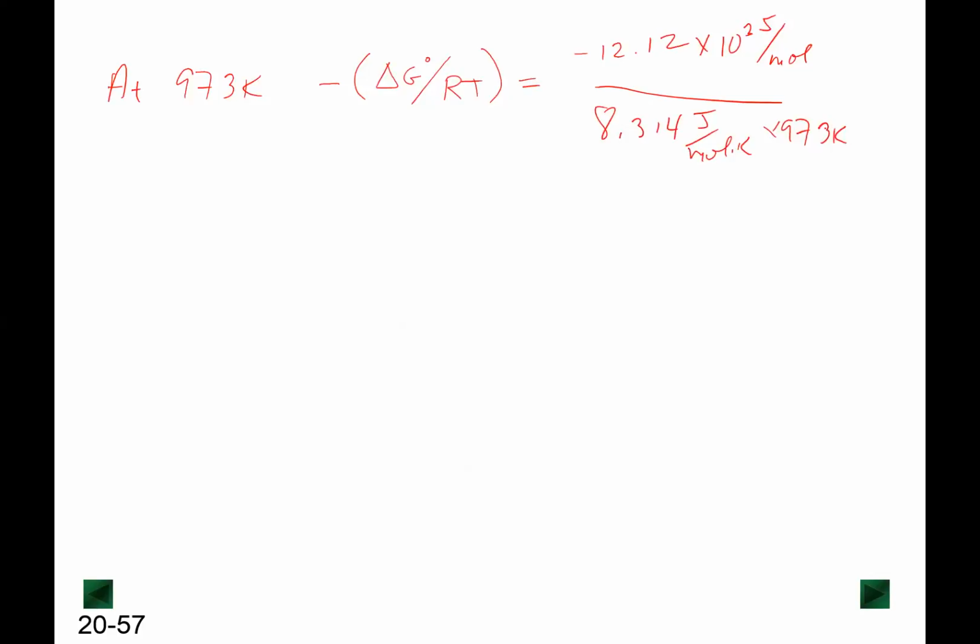If we carry out this calculation, we get 1.50. And so our equilibrium constant at 973 is equal to E to the 1.5, which will then be equal to 4.5. So we have our two Ks at each of those temperatures.